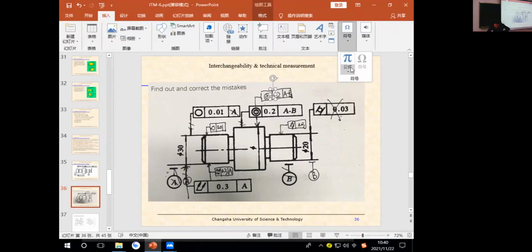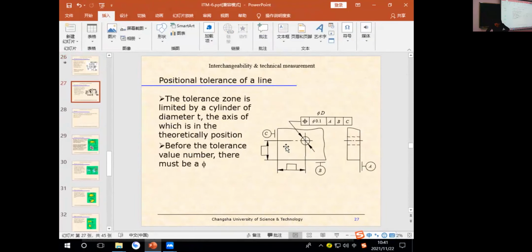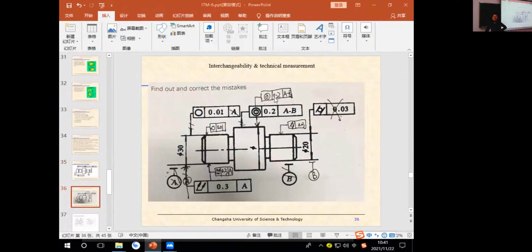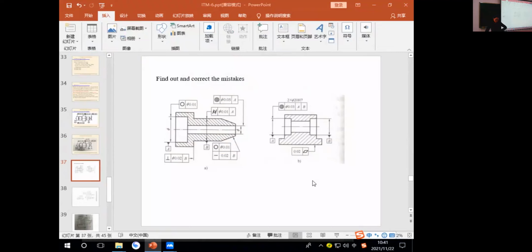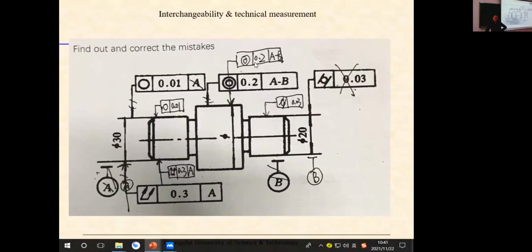Oh, no 5. So there is no 5. Okay, just please do this one. A question? There's no 5, okay?